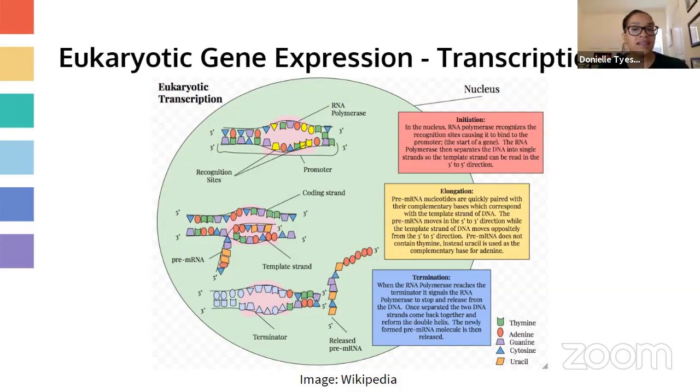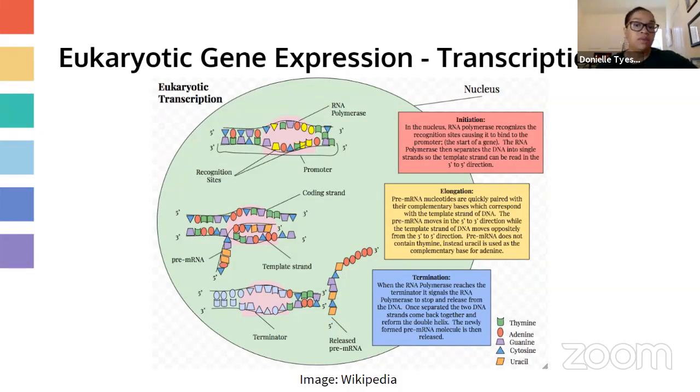I would like to add that something I have seen quite often is that at the end of transcription, students have said that you produce a messenger RNA strand that is ready to go start translation. In between, there is a form of gene expression, which is RNA editing, that occurs.